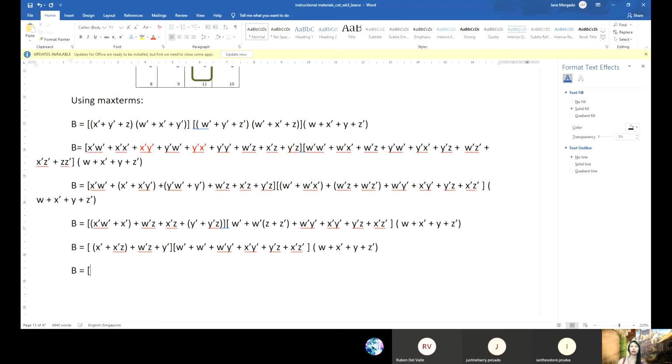Okay, so we have x prime plus x prime z is x prime plus, okay, copy. Let's copy. W prime plus w prime is w prime. Plus w prime y prime. So we may associate this.